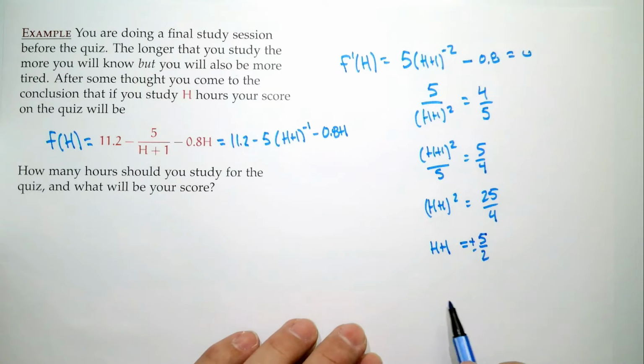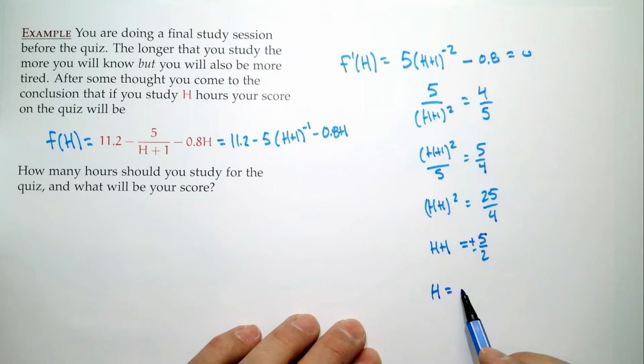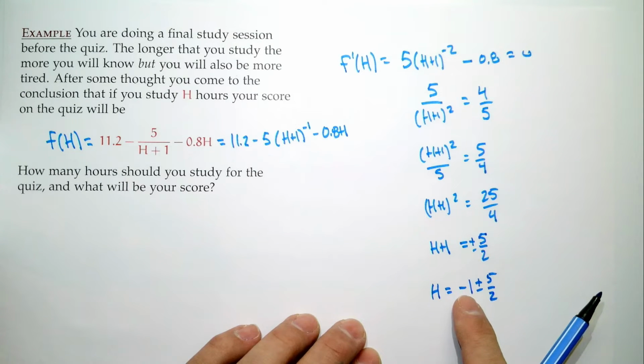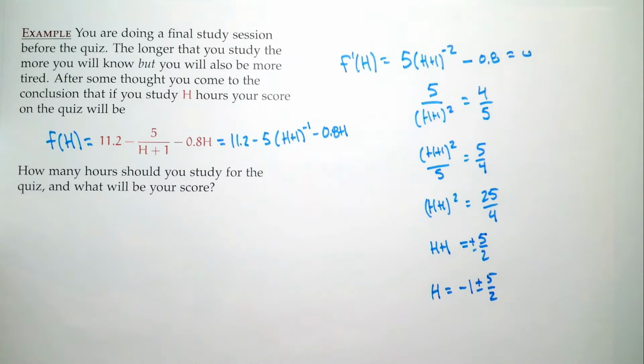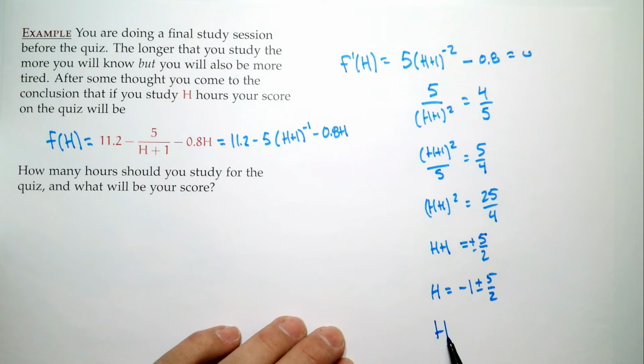So for instance, here, if we said h equals -1 plus or minus 5 over 2, a minus and minus on top of that is not going to work because we need to have hours be at least 0. We can't have negative study time. So that says the only critical point is at -1 plus 5 over 2. Or if you like, if you were to simplify that, that would be 3/2.